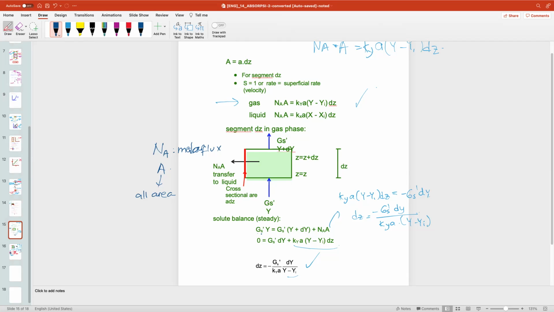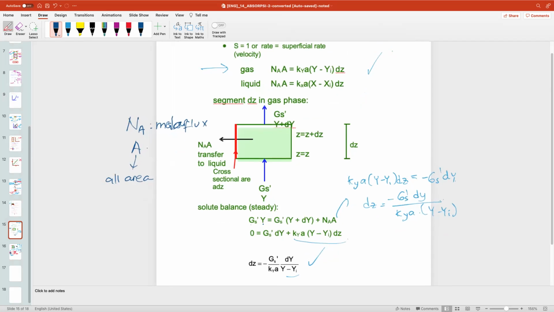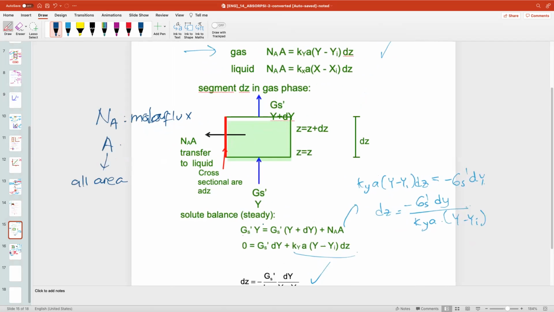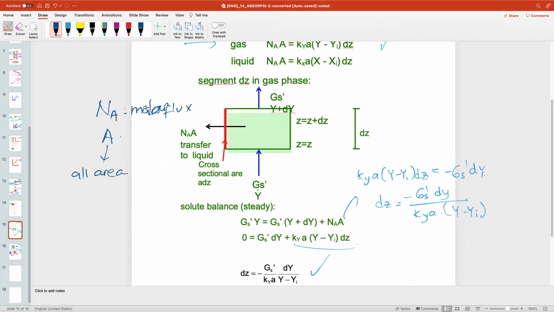Okay, so GS' multiplied with the mole ratio Y, the input, is equal to the output. The output is NA·A, and another one is Y plus dY.